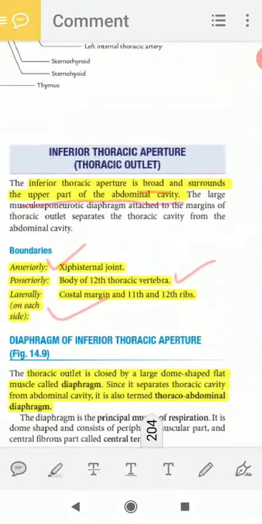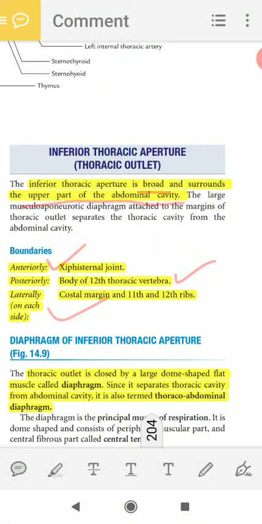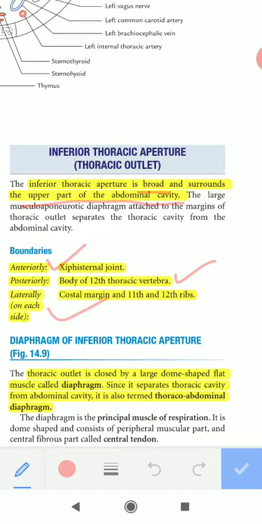Now you should know about the diaphragm of the inferior thoracic aperture. The thoracic outlet is closed by a large dome-shaped flat muscular structure that is called the diaphragm, and it separates the thoracic cavity from the abdominal cavity. So that means between thorax and abdomen there is a dividing dome-shaped flat muscle that is called the diaphragm.